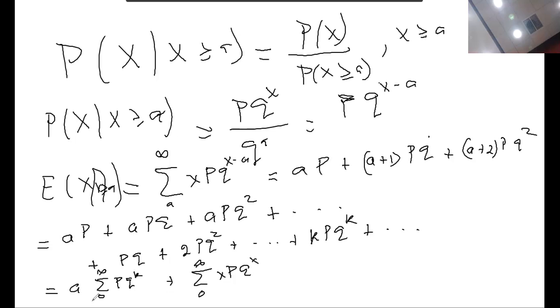Pay attention to what is here. What is P q to the k? That is what you want to see. This is the sum of all the probability. The geometric distribution is P q to the x. The sum of the geometric distribution will give you 1.